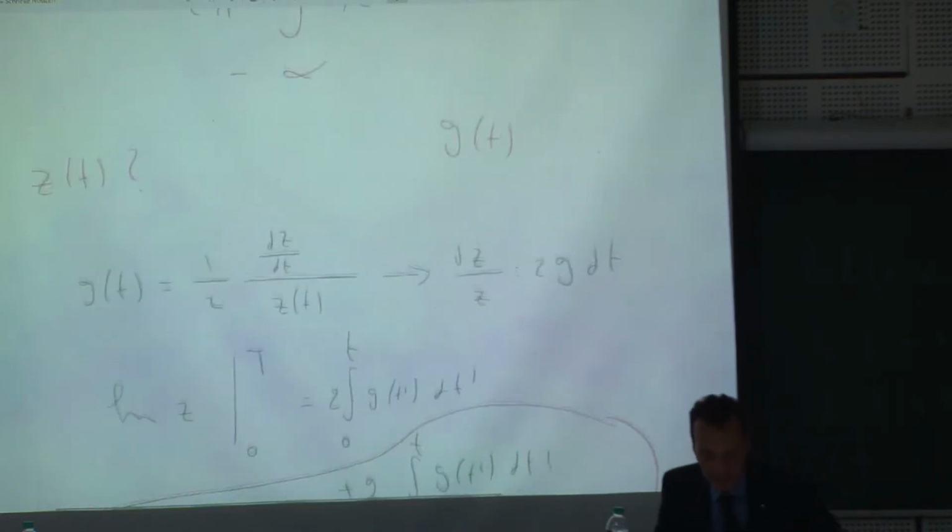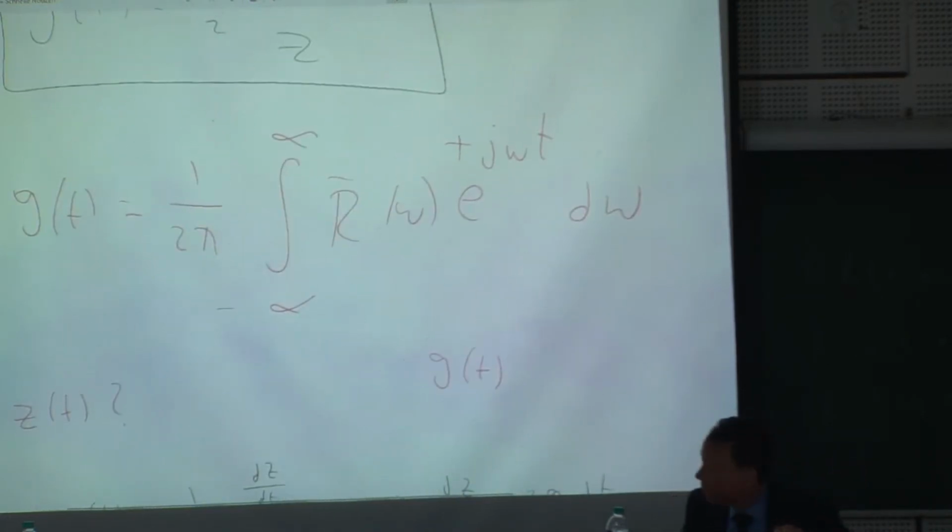This expression here tells us, okay, I can get g of t if I perform the inverse Fourier transform, which means I can get g of t if I would be able to measure the reflection coefficient for frequencies from 0 to infinity, or from minus infinity to infinity, because it is only artificial, this from minus infinity, because you measure at a certain frequency.